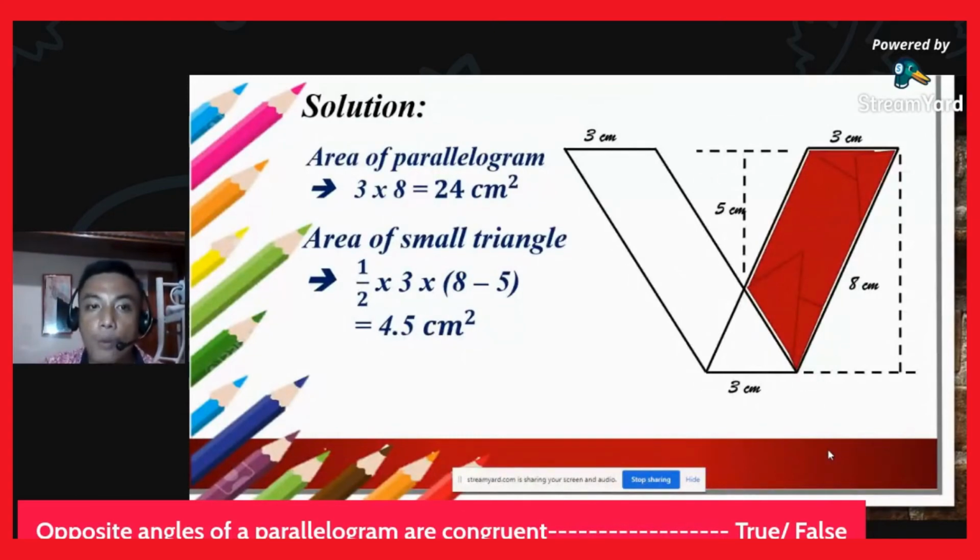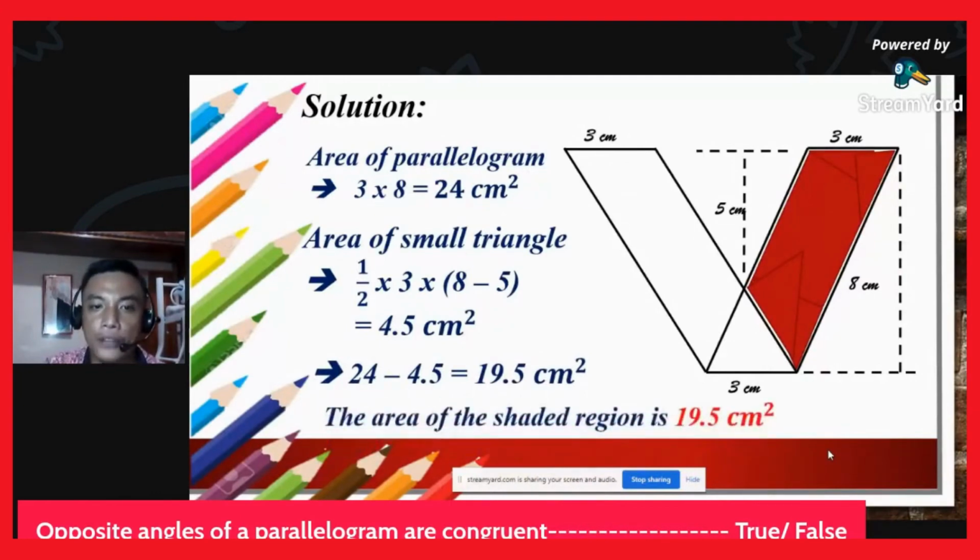So 1/2 times 3 times 3 gives us 4.5 square centimeters. Now, the area of the shaded region is 24 minus 4.5, which gives us 19.5 square centimeters. Therefore, the area of the shaded region is 19.5 square centimeters.